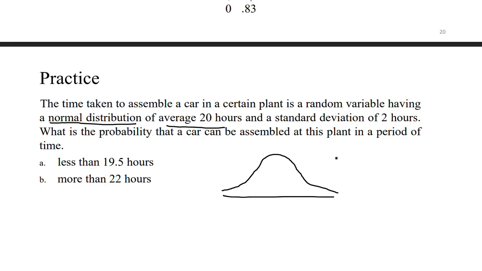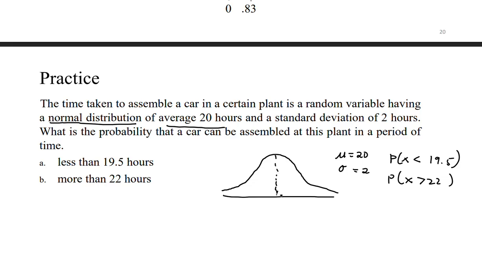The average, which is the mean, is 20 hours, and the standard deviation is 2 hours. Let's find the probability that X, first of all, is less than 19.5, and the probability that X is more than 22 hours. So let's start with the first case.